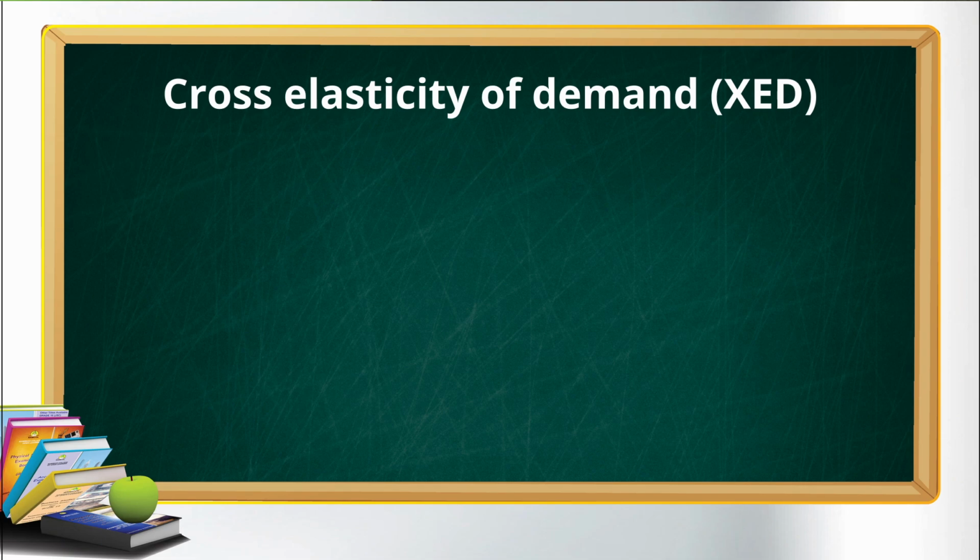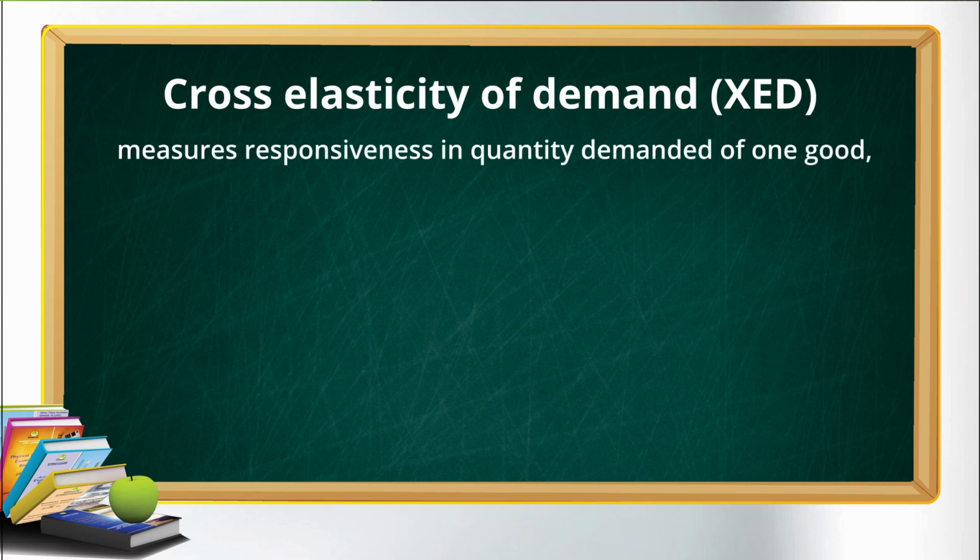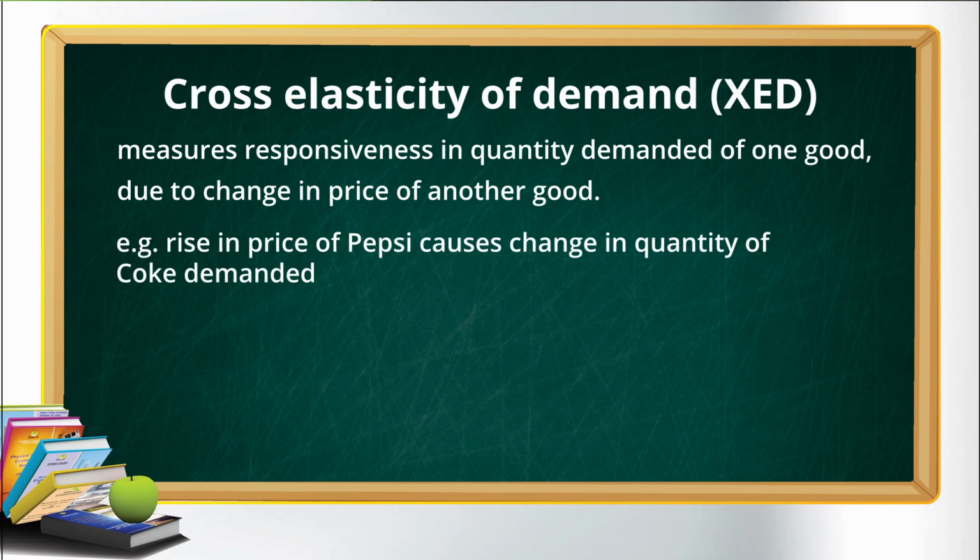Before we conclude today's lesson, we have to look at one more concept, and that is cross-elasticity of demand. Cross-elasticity of demand measures the responsiveness in quantity demanded of one good due to a change in price of another good. For example, a rise in the price of Pepsi causes a change in the quantity demanded of Coke.